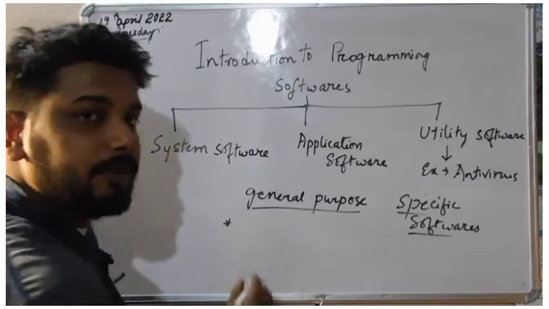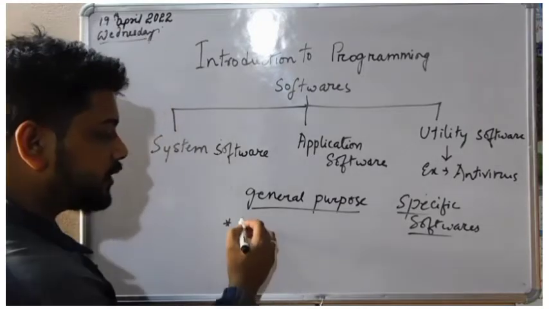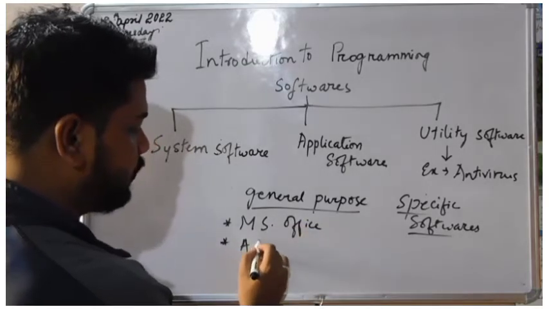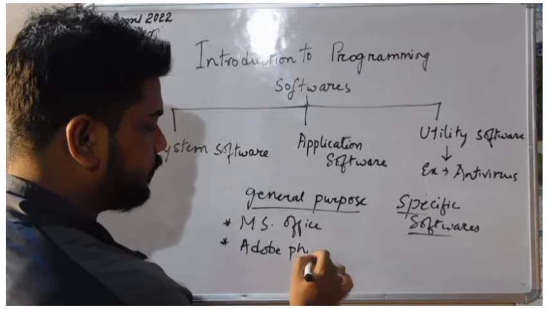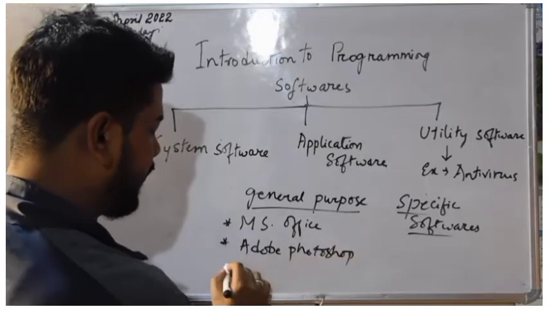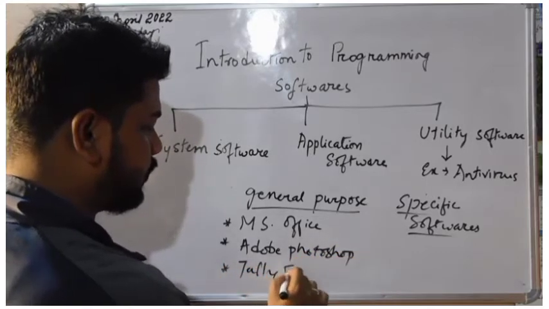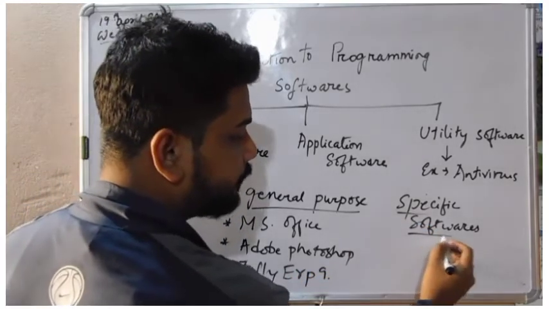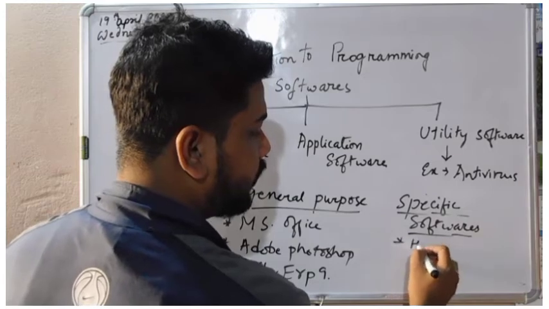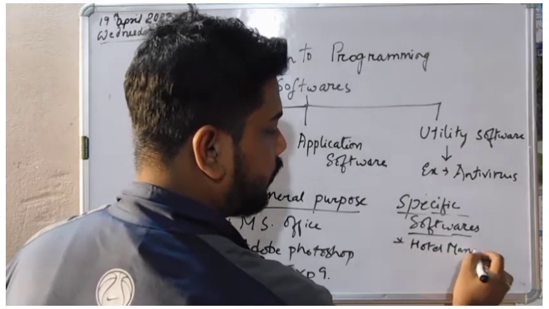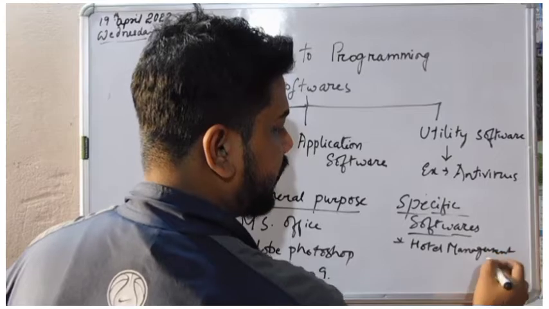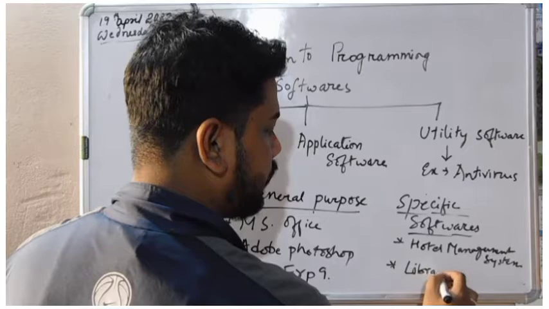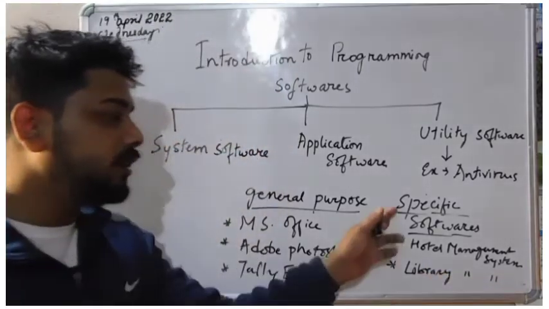Some general purpose software include MS Office, Adobe Photoshop, Tally ERP9. But when we talk about specific software, we have, for example, a hotel management system, similarly a library management system. All these are specific software.